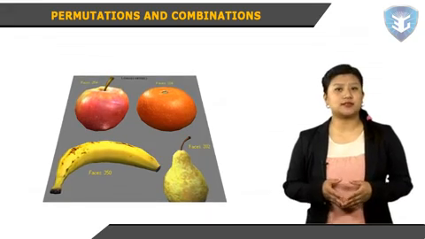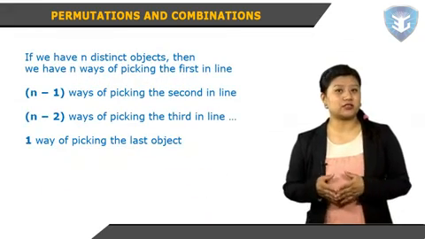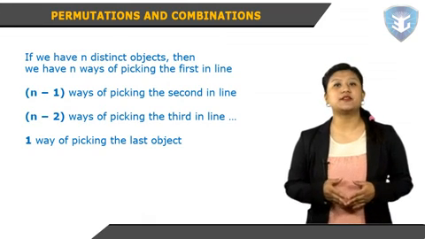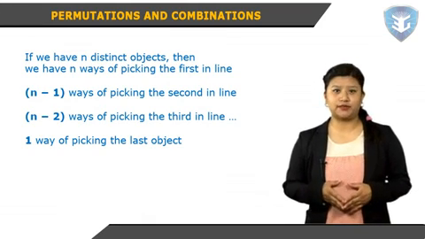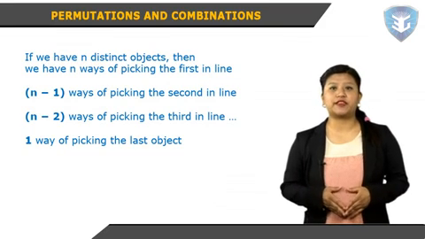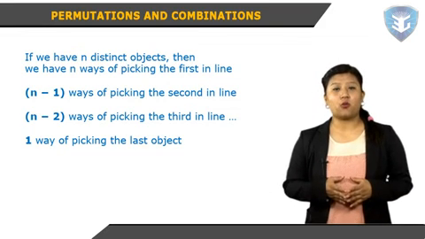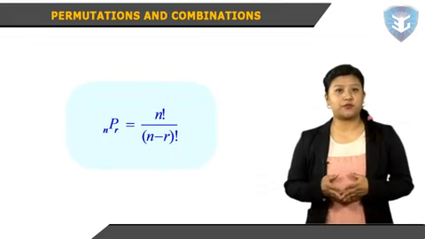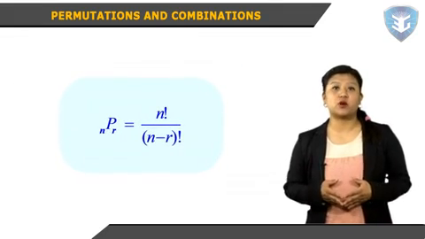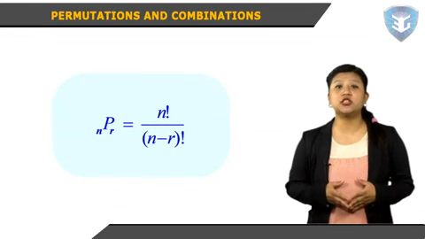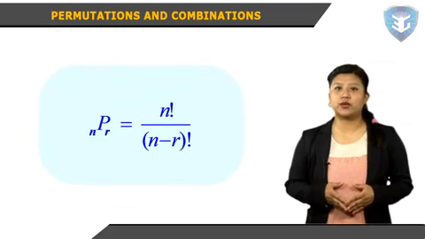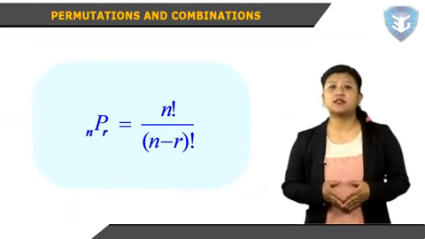We can generalize our discovery. If we have n distinct objects, then we have n ways of picking the first in line, n minus 1 ways of picking the second in line, n minus 2 ways of picking the third in line, and 1 way of picking the last object. With each of the n ways of picking the first object, we have n minus 1 ways of picking the second object, and with each of the n minus 1 ways of picking the second object, we have n minus 2 ways of picking the third object, and so on.